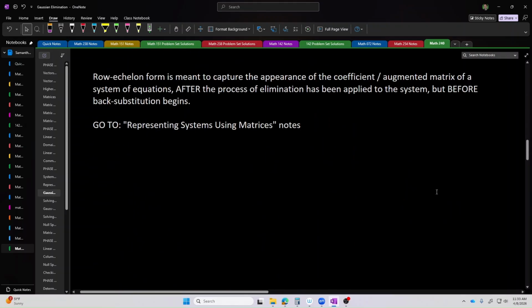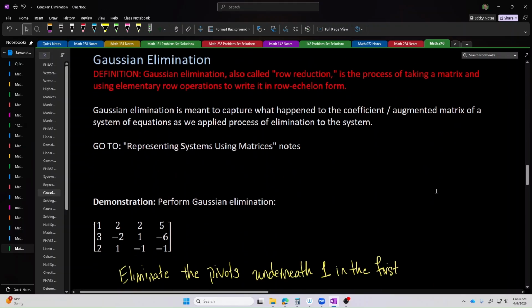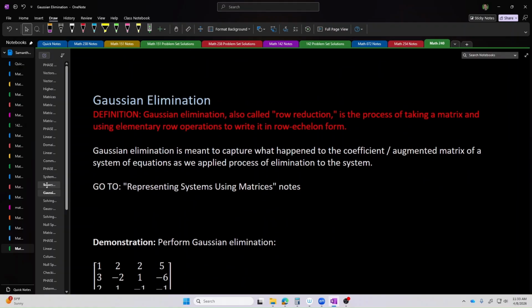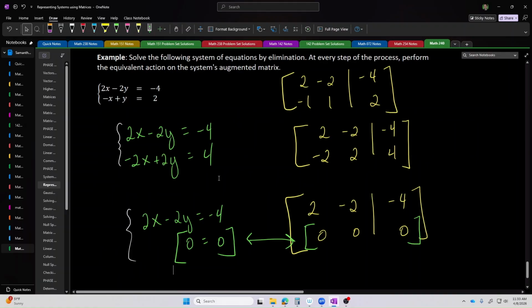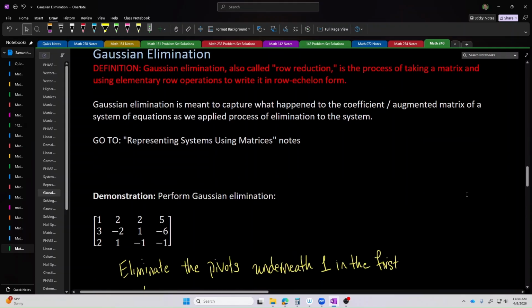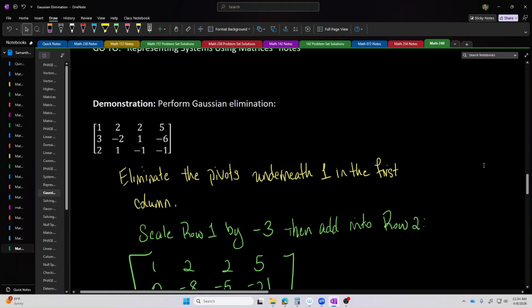Similarly, this algorithm that we call Gaussian elimination is just the method of elimination that we learned in the previous video, except instead of applying those steps to the actual system, you apply those steps to the augmented matrix that represents the system. So that's all Gaussian elimination is. Gaussian elimination is the method of elimination as applied to the system's augmented matrix.